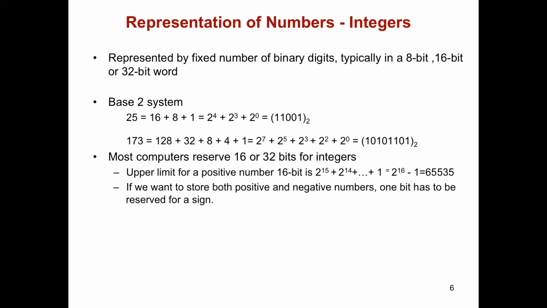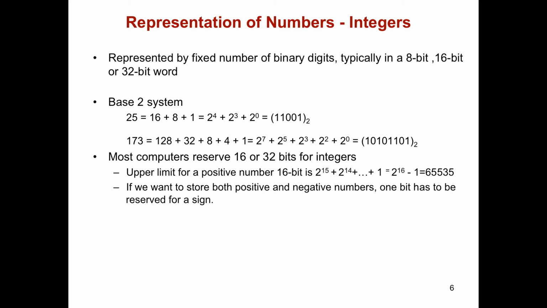So if I want to represent positive integers with 2 bytes of data, the largest integer I can go up to is 65,535. Is that always enough? Sometimes yes, sometimes no.